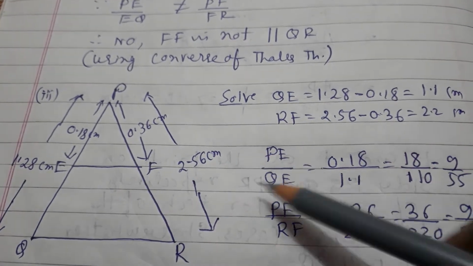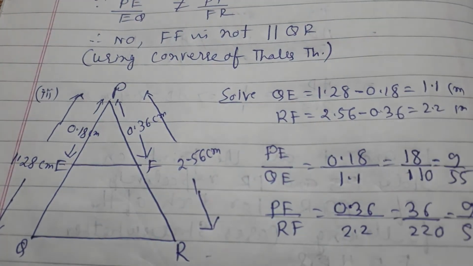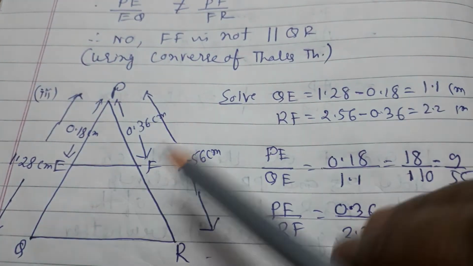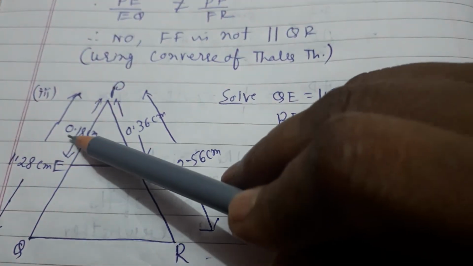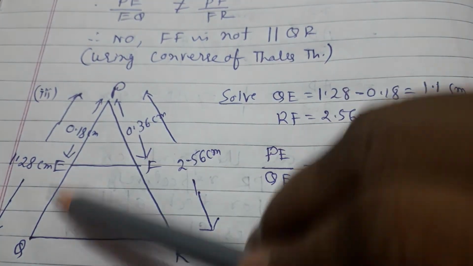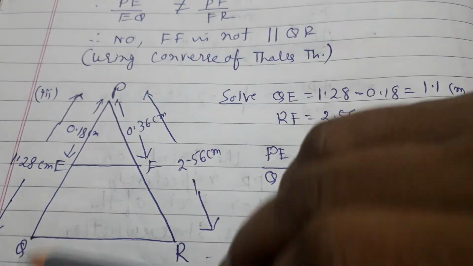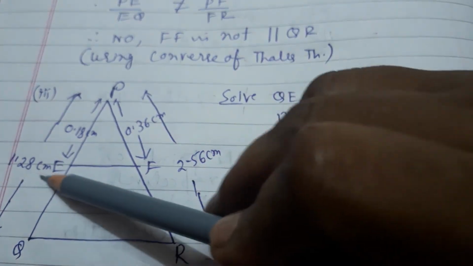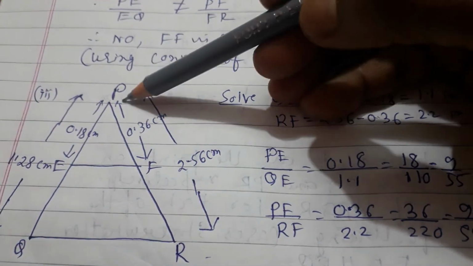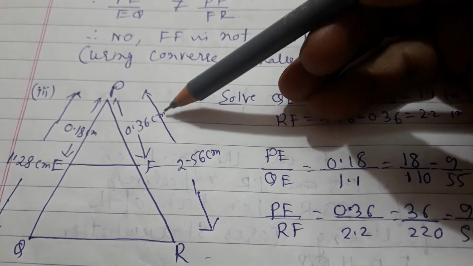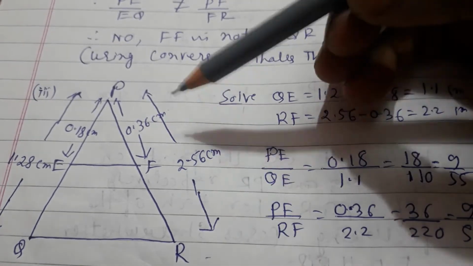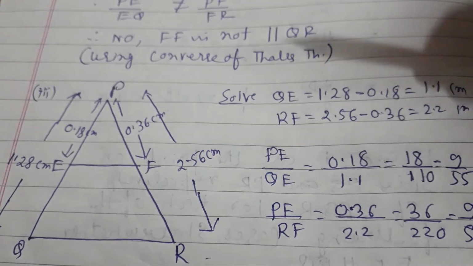This is quite different. PQR same and PE equal to 0.18 centimeter and PQ, the whole side PQ, equal to 1.28 centimeter and PF equal to 0.36 centimeter and PR equal to 2.56 centimeter.